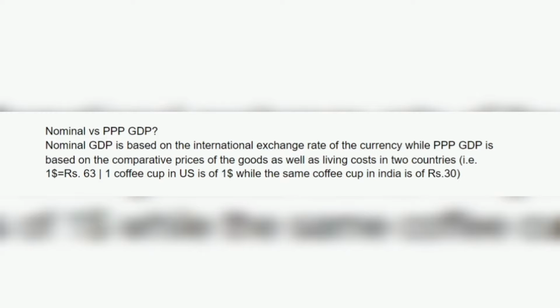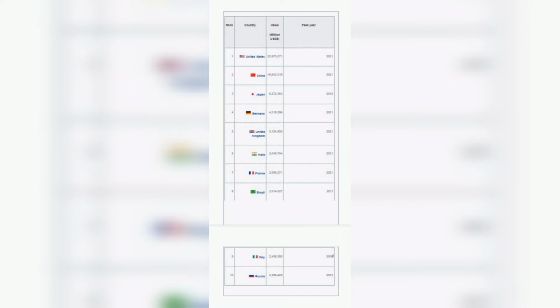Anyway, let's go further. There are approximately 195 different countries in the world, but they are not equal. There is a huge diversity and variety.